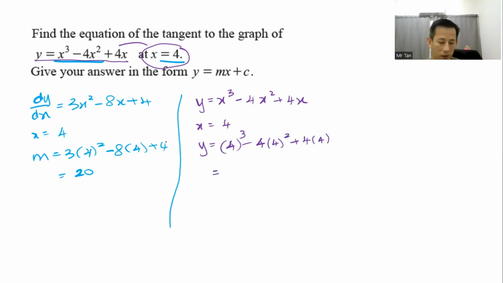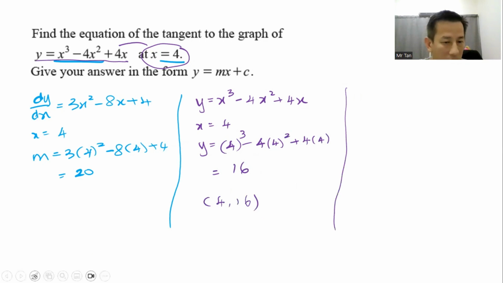Calculate, you should get 16. Okay, therefore your coordinate is 4, 16. So now you have the gradient equal to 20, and coordinate is 4, 16.